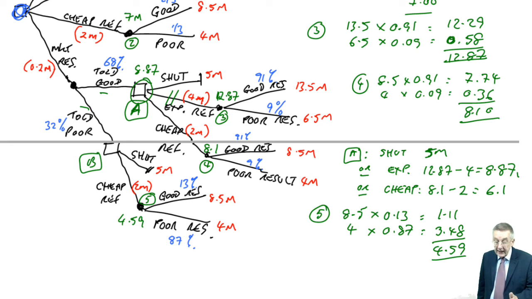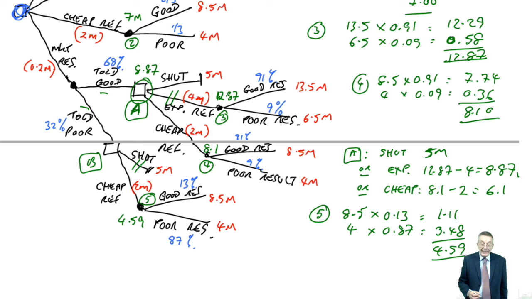We pay out 2 million to get back 4.59 million, a net 2.59. I think fairly obviously we would choose to shut. And therefore, if we do market research, if they tell us it's poor, we know what the return would be because we'd shut. We know we'll get 5 million.